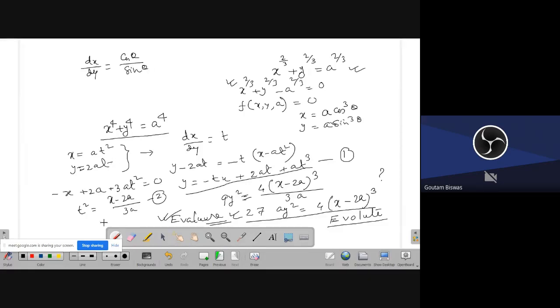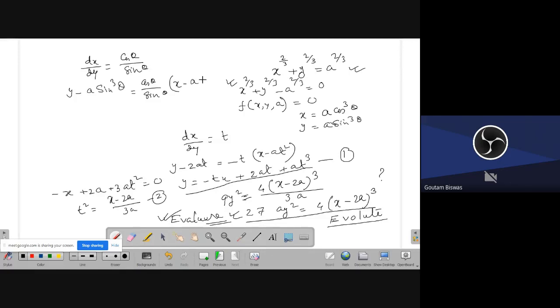Then find the normal at the theta point. Theta point means this point. So the normal at the theta point is y minus a sine cube theta equals cos theta by sine theta into x minus a cos cube theta.